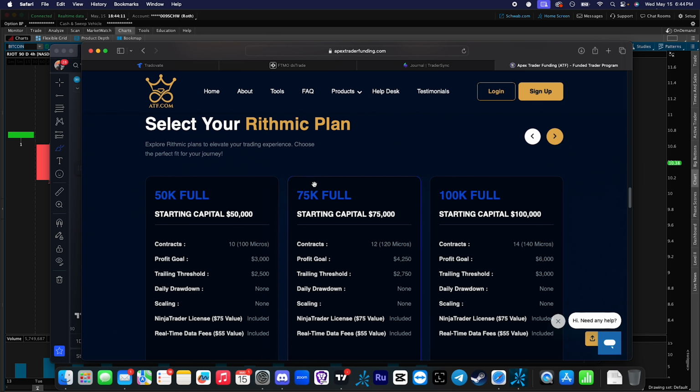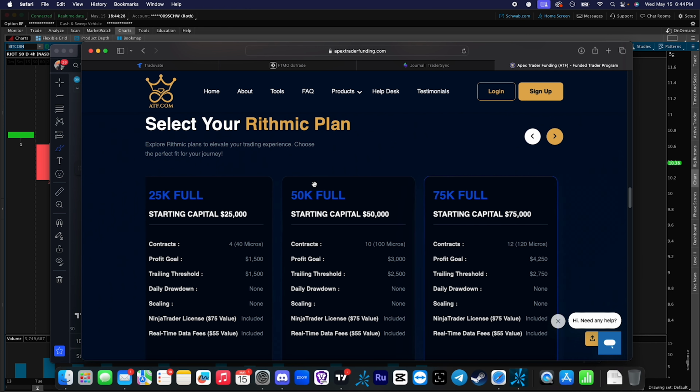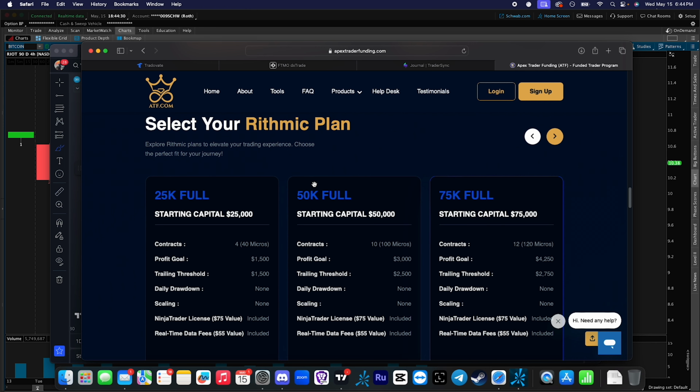Keep in mind, once you pass the challenge, or the evaluation stage, they're going to send you an email congratulating you, etc. And then you have the option to pay monthly or to pay a one-time fee. I always went for the one-time fee because I don't want to pay monthly. The only thing is, for the one-time fee, you pay more.